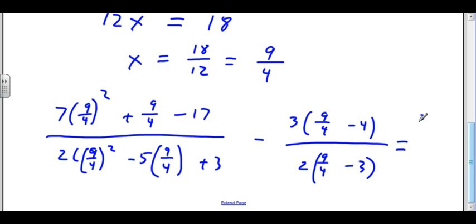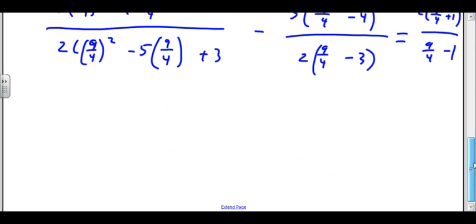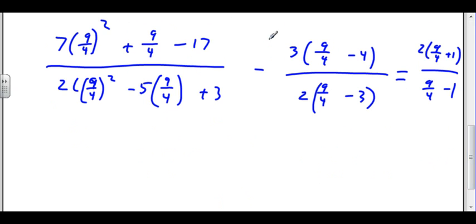Do I have enough room? Yes, and I'm supposed to be able to do that and not make a mistake. Isn't that lovely? That is just so great, I tell you.